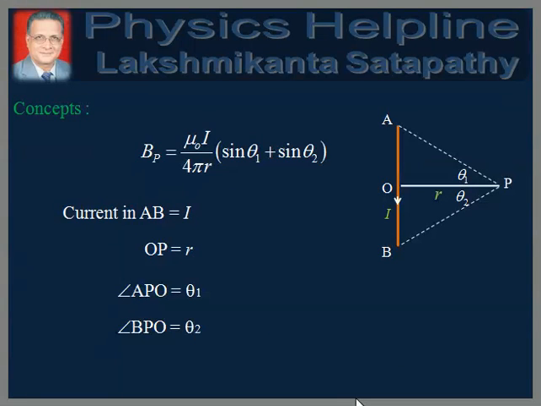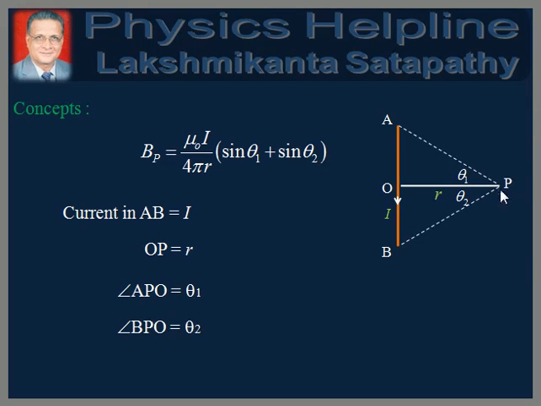Before proceeding to solve the problem, let us recall the related concepts. A straight wire AB carries a current I from A to B. We are required to find the magnetic field produced at point P due to this current carrying conductor.